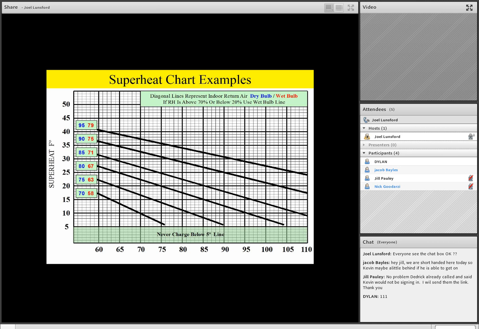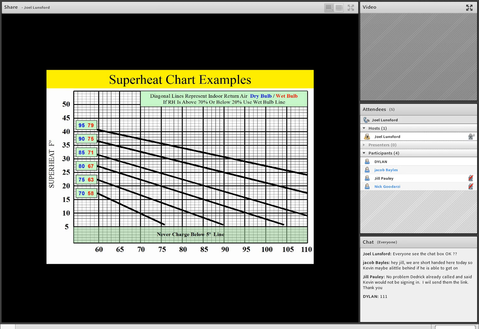Let's do another one. Let's say we're over in Mobile, Alabama, where I live, and it's real humid outside. It's humid and wet outside, and it's 95 degrees outside. But we have 75% relative humidity in the house. And inside that house we have 71 degree wet bulb temperature. Because we have 75% relative humidity, we're going to use the red wet bulb line.